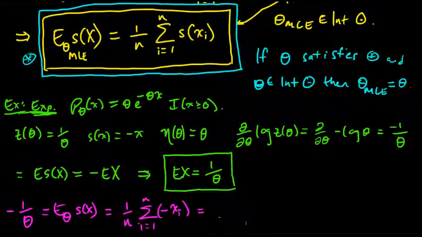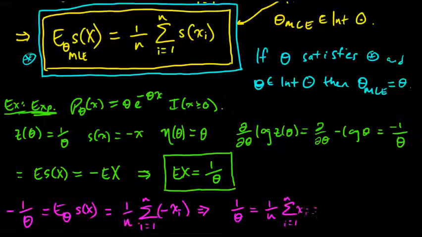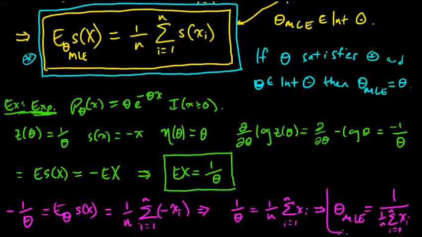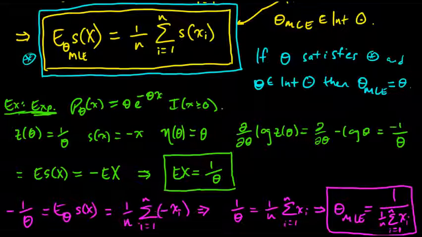So the minuses cancel, and we get that 1 over theta equals 1 over n times the sum from i equals 1 to n of x i, which implies theta MLE, assuming it exists and all this stuff at least, is 1 over the sample mean, 1 over this sum from 1 to n of the x i's. So that gives us a nice characterization of the MLE, and just a really easy way to calculate the MLE for an exponential distribution.